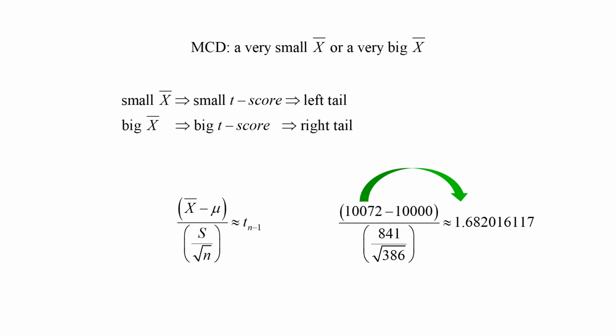So our t-score could be at the far left or far right of our t-graph. Either tail is going to be convincing, so this is a two-tailed test. The further our test statistic goes into either of the two tails, the more convinced we are that the mean is not 10,000.